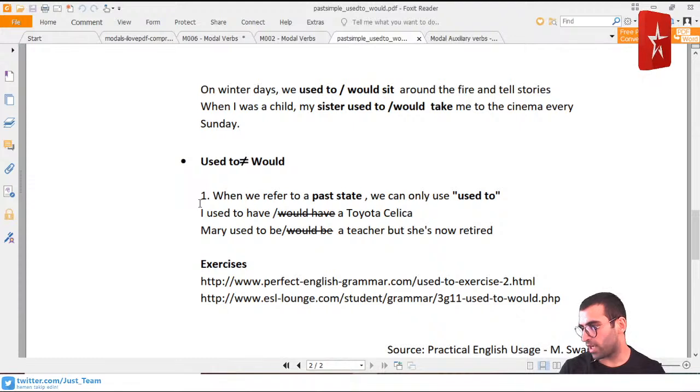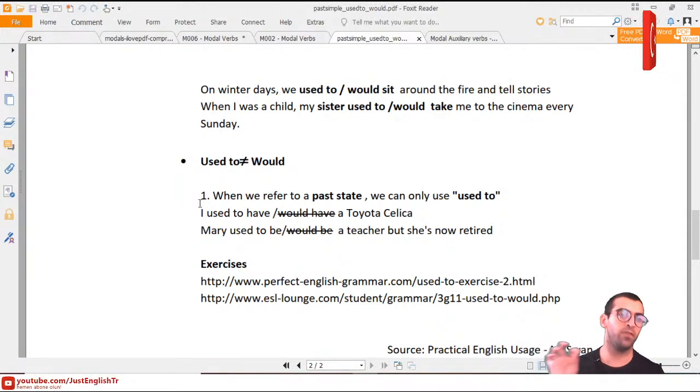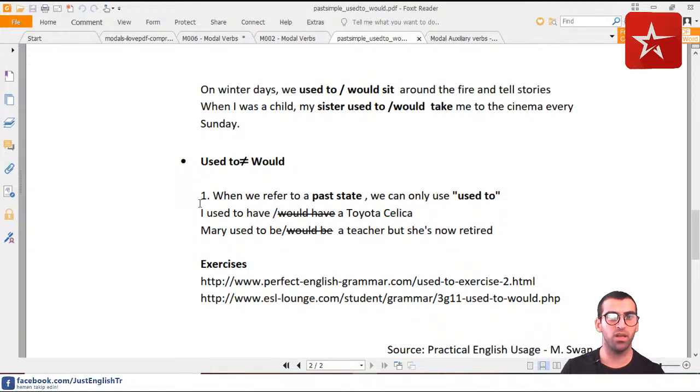Like Tekno and Mehmet, they asked me to explain used to and would. When we refer to a past state, we can use used to. For example, I used to have a Toyota Celica. Mary used to be a teacher, but she is now retired. So this is used to.